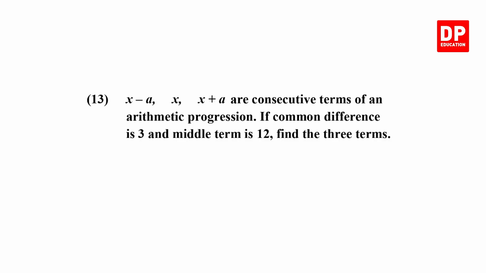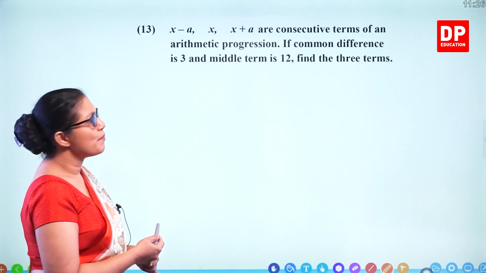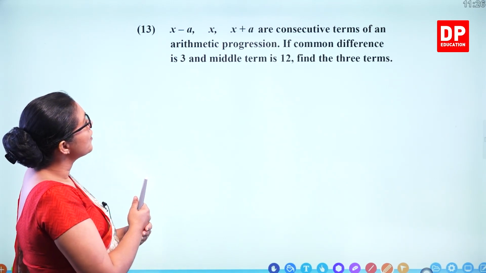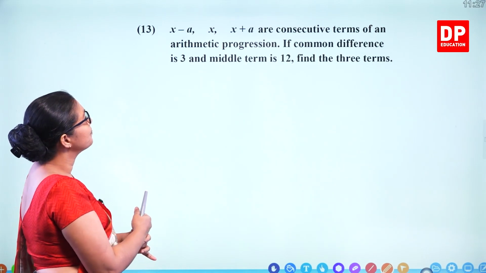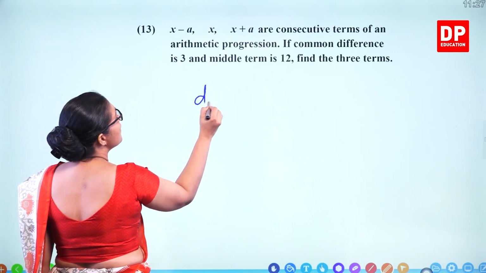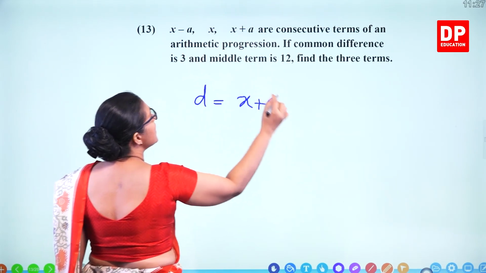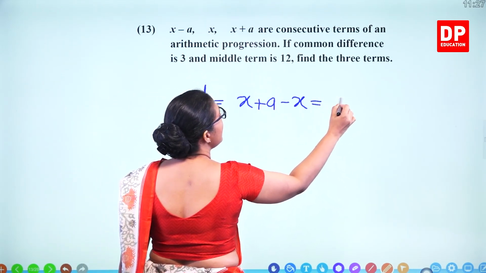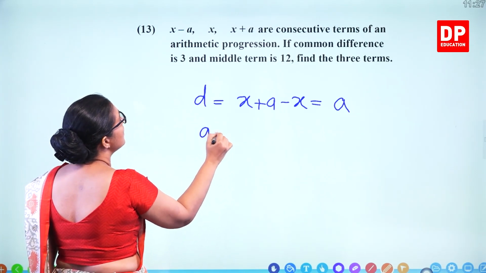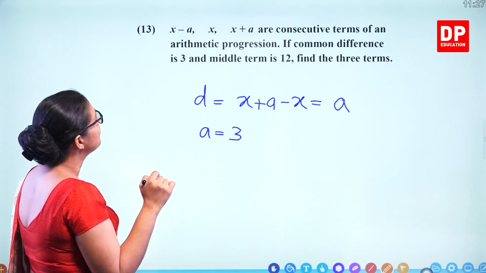Question number 13. X minus a, x, x plus a are consecutive terms of an arithmetic progression. A is the common difference. If the common difference is 3, it's easy. What's the common difference? X plus a minus x, that's a. The common difference is a, and it's given that the common difference is 3. Find the middle term.